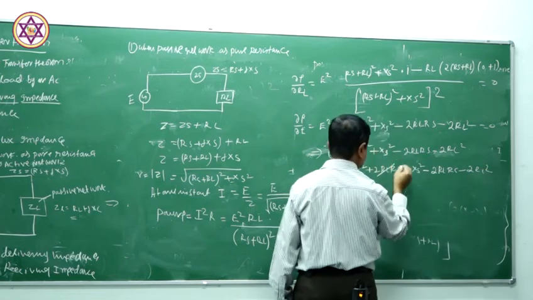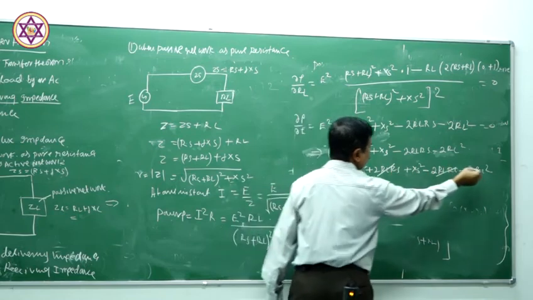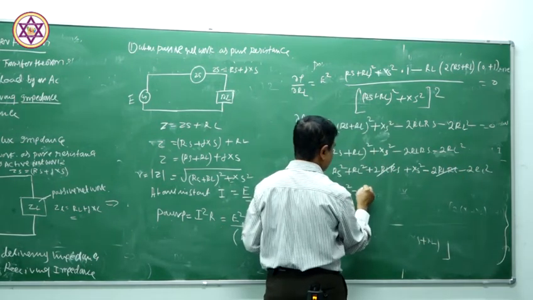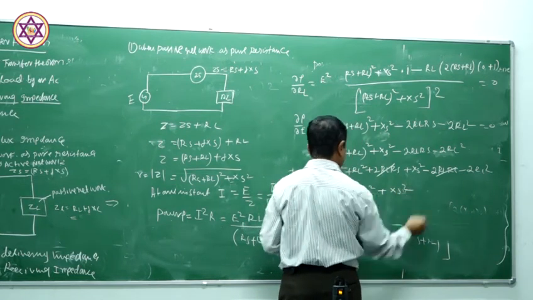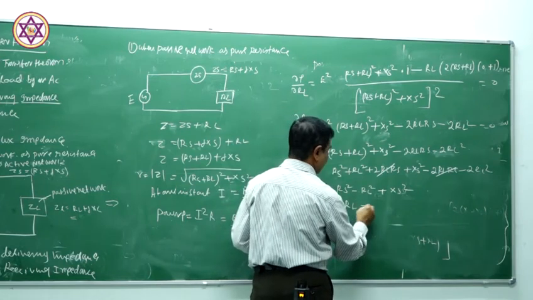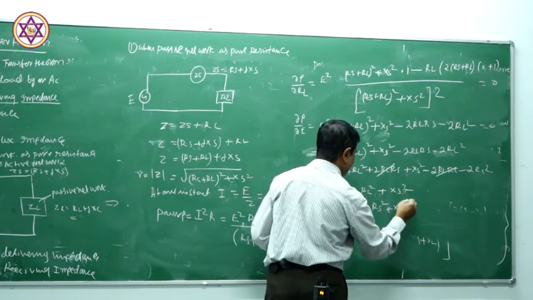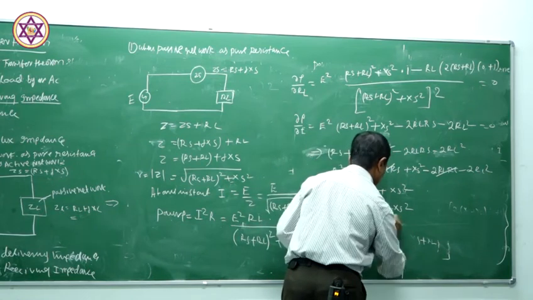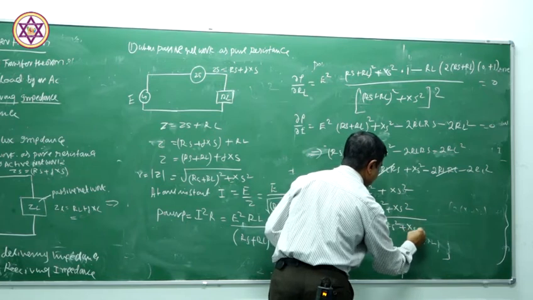So the RL squared terms partly cancel, and I am going to get RS square plus XS square minus RL square. So this says RL squared is equal to RS squared plus XS squared. That is, RL is equal to the root of RS squared plus XS squared.